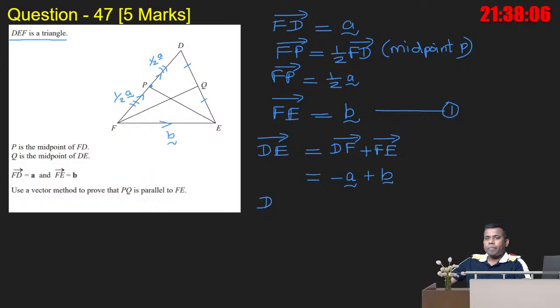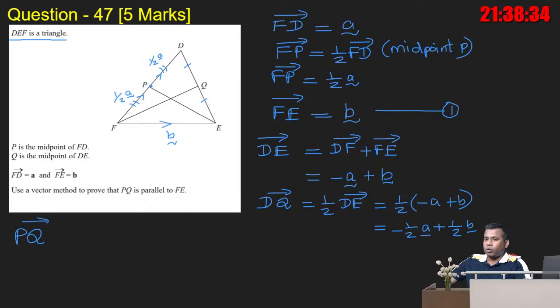Now you can say D to Q is half of D to E, which is half of minus A plus B, which is minus half A plus half B. That is D to Q, which gives an idea to find out the PQ.